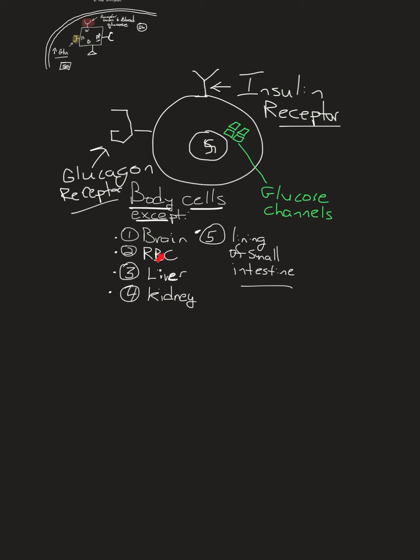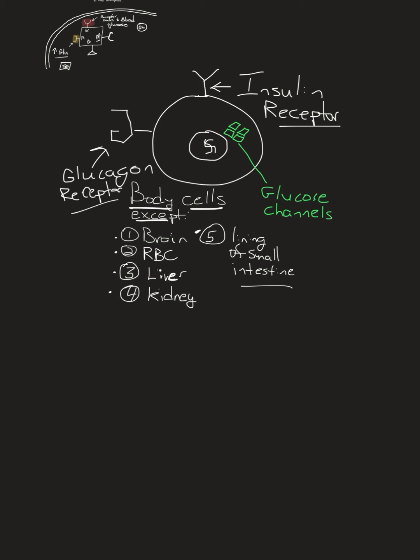All that's been gotten rid of in a mature red blood cell in order to make room for the hemoglobin. So it still has mitochondria. It still can process energy. So it needs the sugar, but it can't make the receptors. It can't make the channels. The glucose channels are sitting in most of your body cells, waiting to receive the signal to be released and be incorporated into the outer membrane, the plasma membrane.